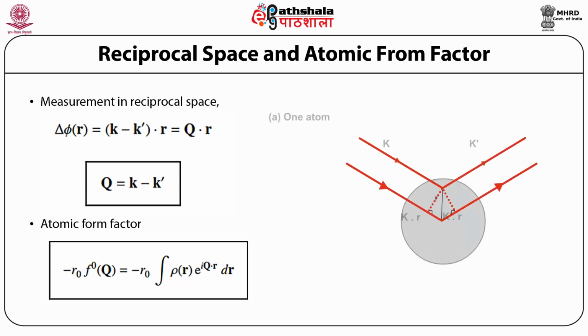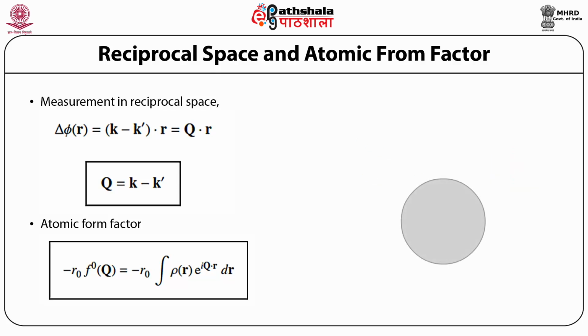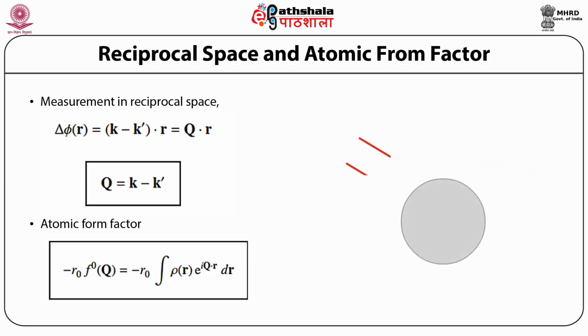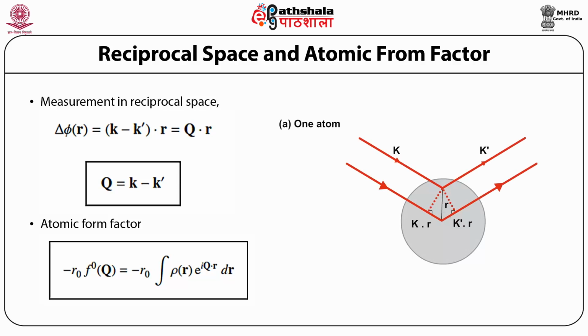How these electrons are distributed around the atom plays a role in how strongly or how weakly radiation can be scattered. That scattering power of an atom is represented in the form of something called the atomic form factor, and this atomic form factor is defined in the equation below.